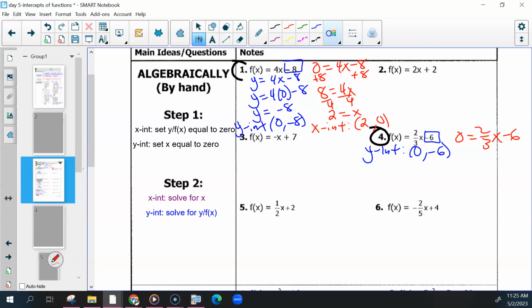Process is the same, even though it has a fraction. How would we solve for x? What would be our next step in solving this for x?